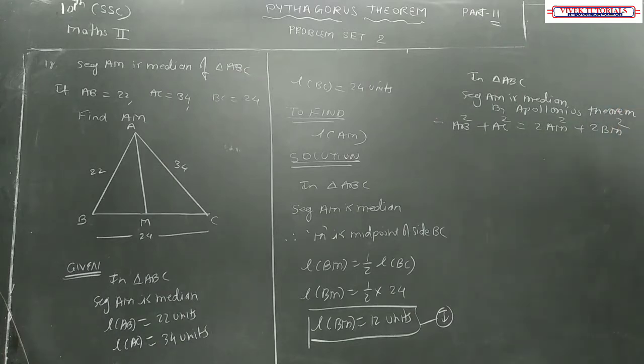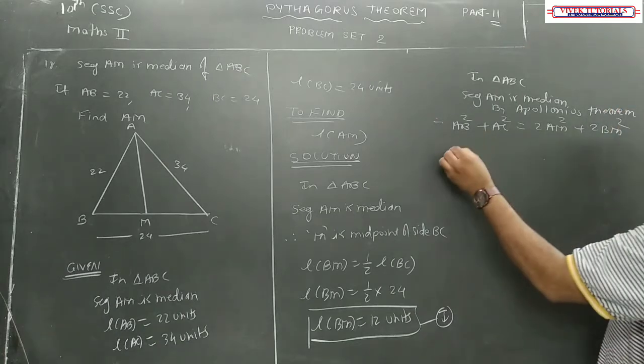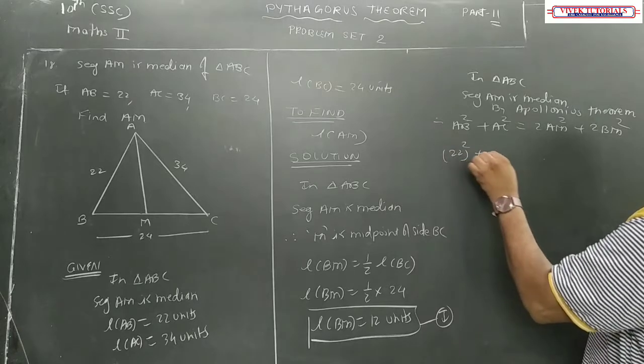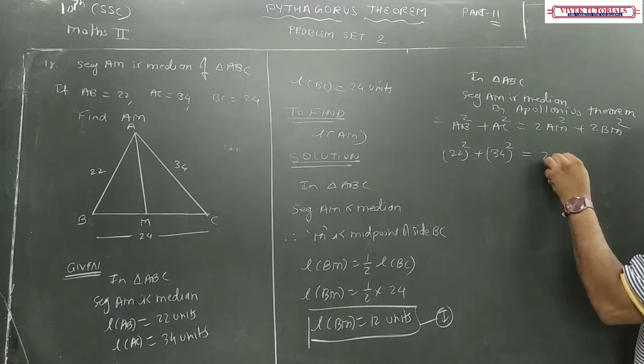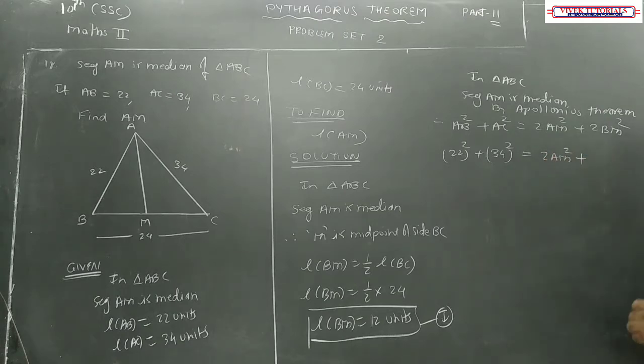Which theorem it is? Apollonius theorem. AB square is equal to 22 the whole square, 34 square plus 2AM square, plus 2 into 12 square. 2 into 12 square. Got it?